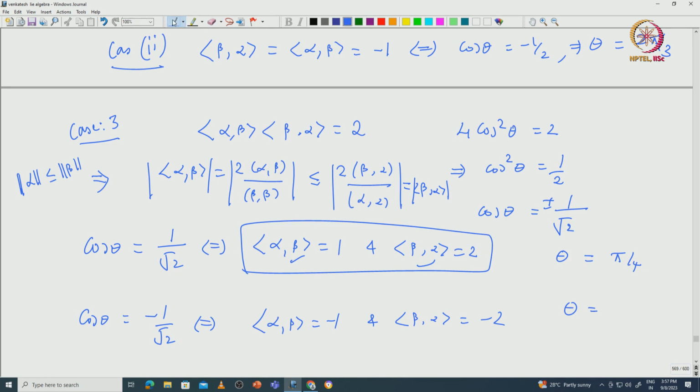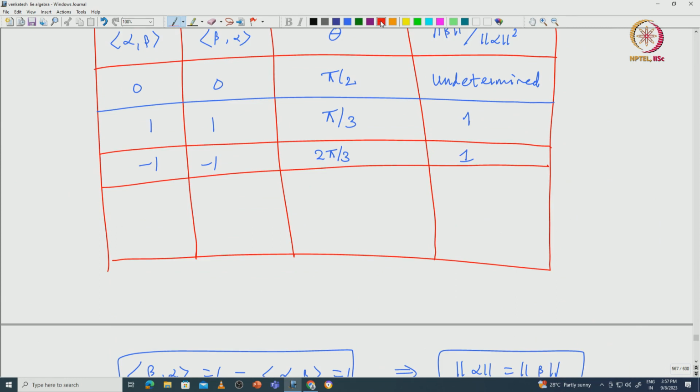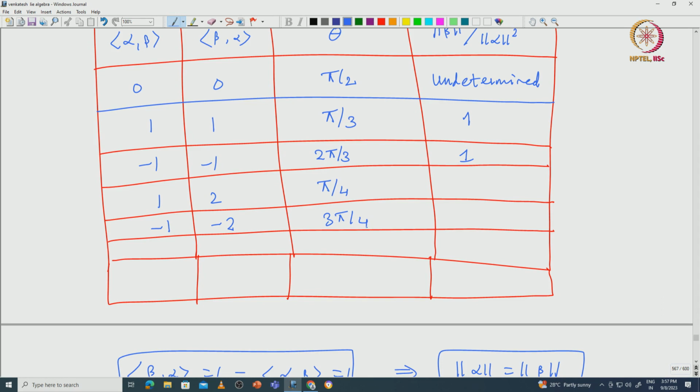So if you just fill it in, what do you get? We get 1, 2 and then minus 1, minus 2. The angle will be pi by 4 and then 3 pi by 4.